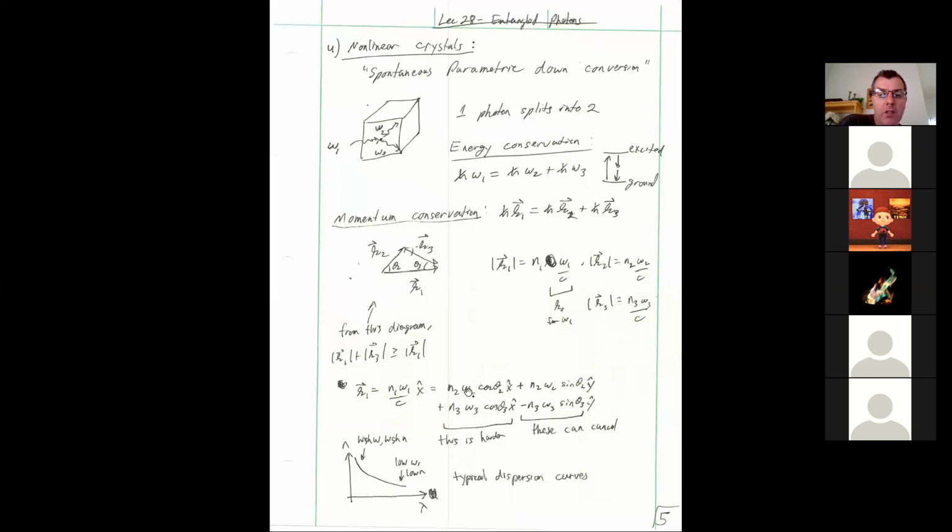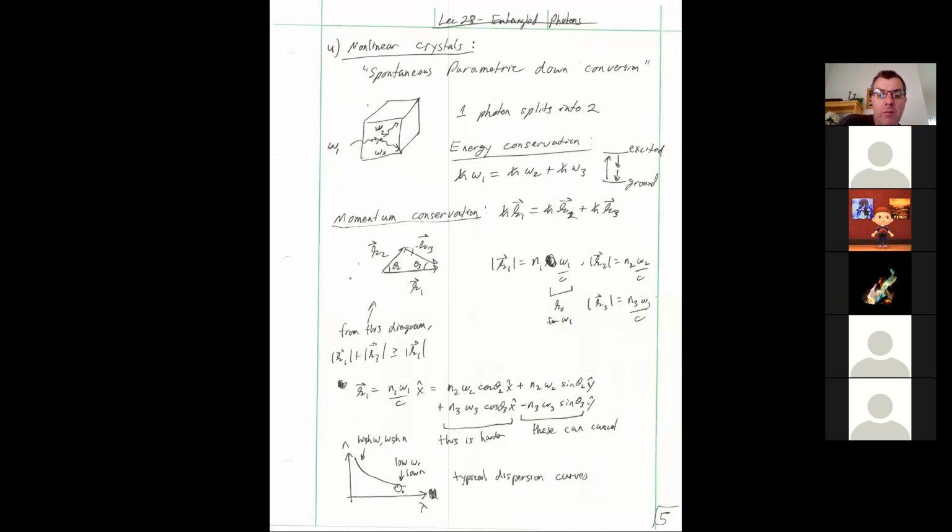And yes, omega 2 plus omega 3 must equal omega 1, except that we multiplied omega 1 by a large number, n1. And we multiplied omega 2 and omega 3 by 2 smaller numbers, n2 and n3, and then furthermore multiplied by numbers less than 1. So this turns out to be a challenging condition to satisfy.